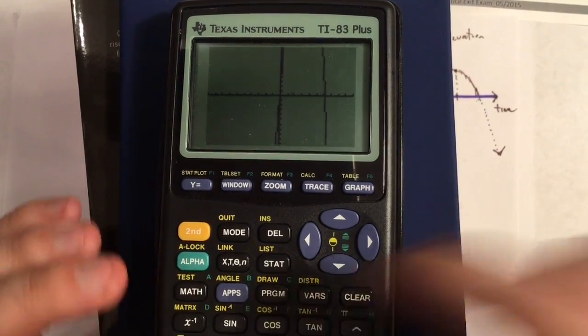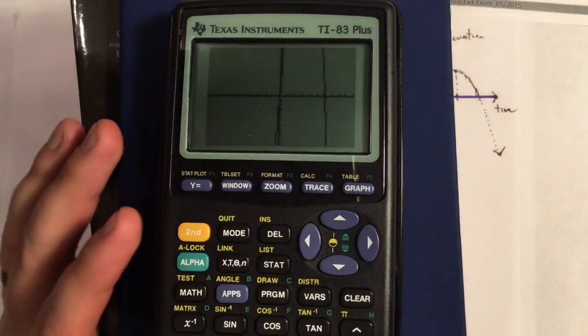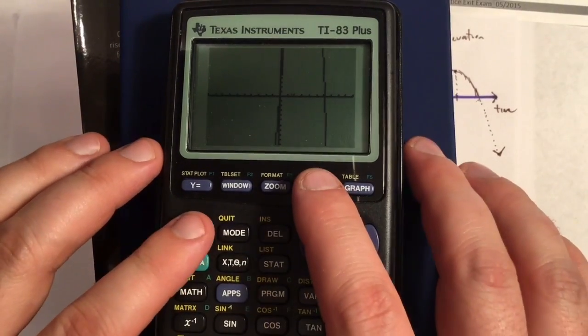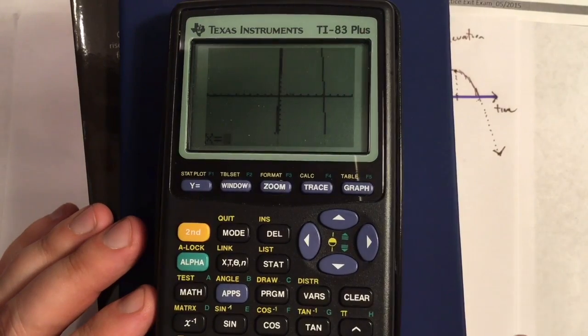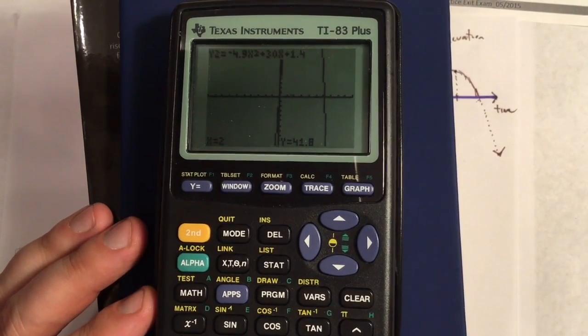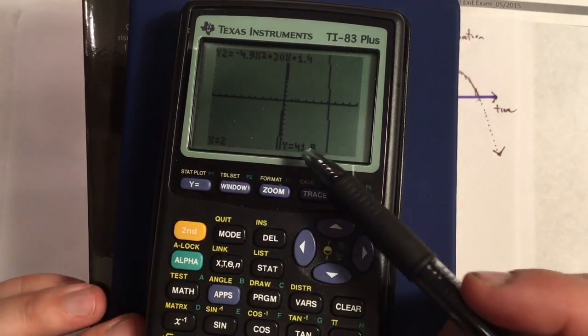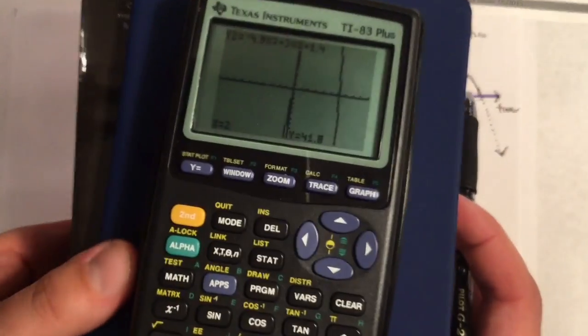Okay, so this is clearly a different zoom. I can't even see the max there, but I can maybe hit the value. So let's see the value of 2. Okay, so basically what this is telling us is at 2 seconds, the ball's 41.8 feet in the air.